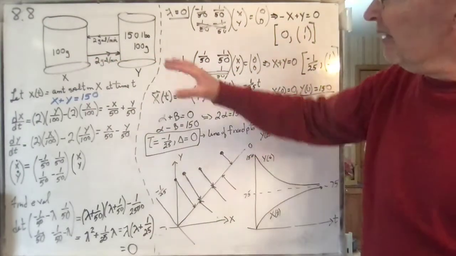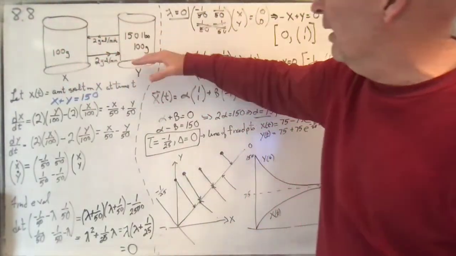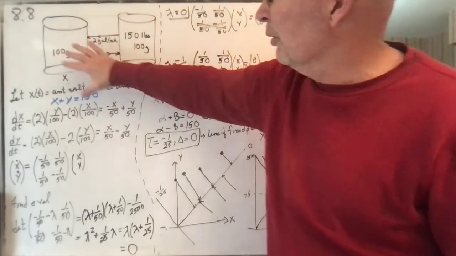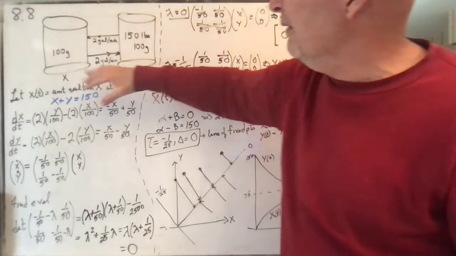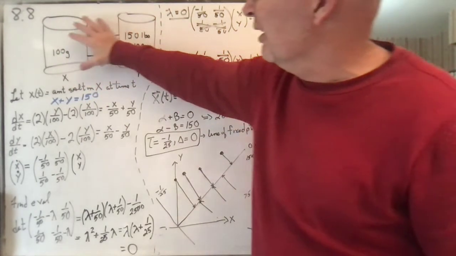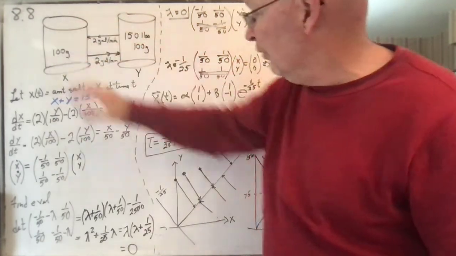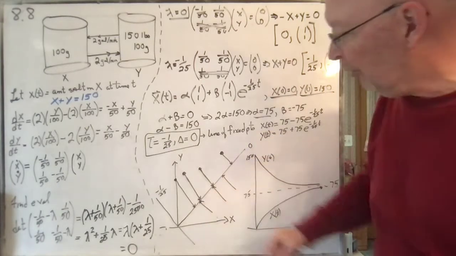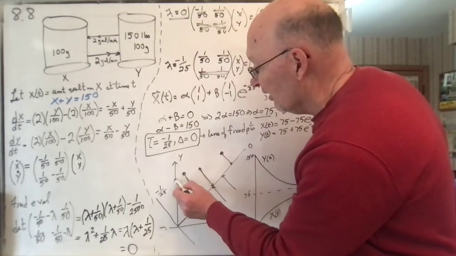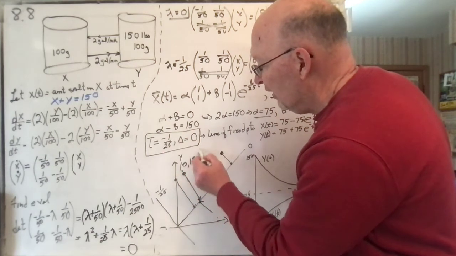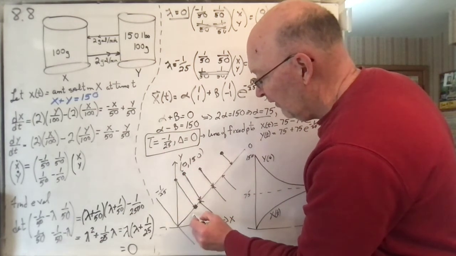And as you'd expect, these two tanks have the same capacity, and the solution is all getting spread out evenly, so you'd expect over time that this 150 pounds is going to get evenly distributed between these two tanks, and that's exactly what happens. If you start here at 0, 150, you end up here at the point 75, 75.